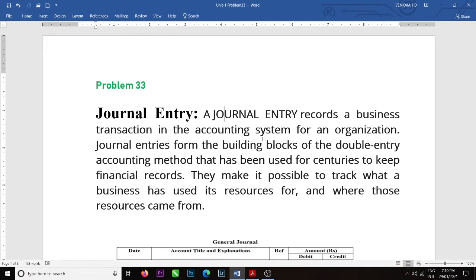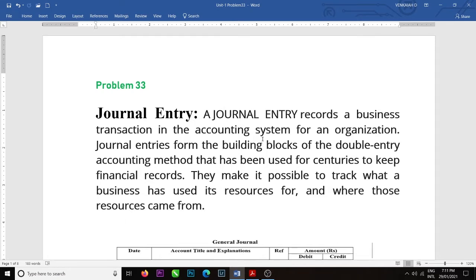Simple to understand: when we receive cash, we debit the cash. When we pay cash, we credit the cash. We come to know that cash is received from so and so. And when we purchase machinery, cash is used for machinery. In the same manner, we record all the transactions in the form of journal entries.